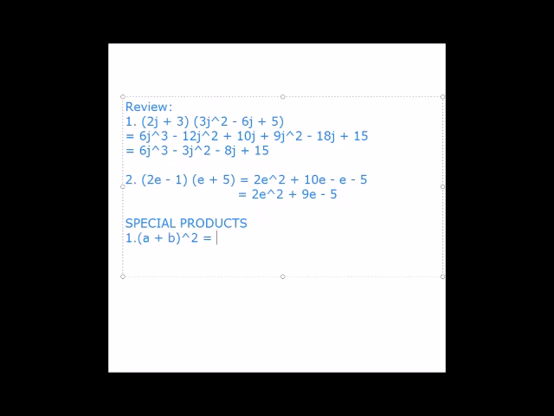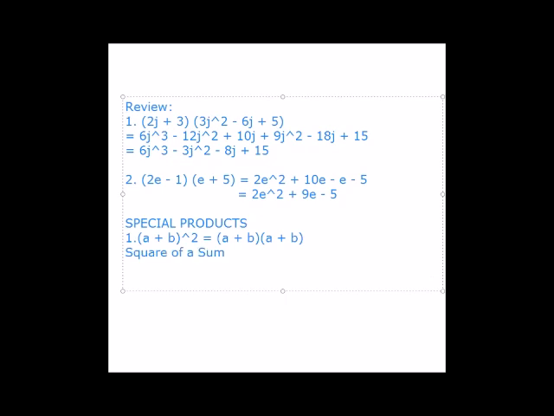Now, if we have parentheses (a plus b) squared, this means (a plus b) times (a plus b). So (a plus b) squared means multiplied by itself. So (a plus b) times (a plus b). Notice that the terms are the same. And we have (a plus b) squared as the square of a sum. A sum because a plus b. Okay? So a square of a sum.